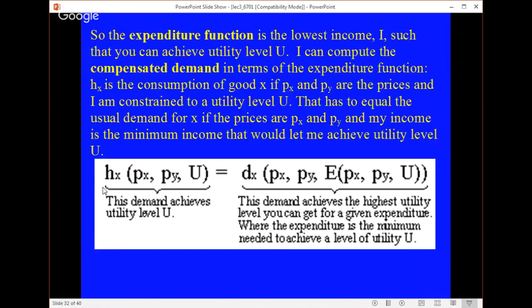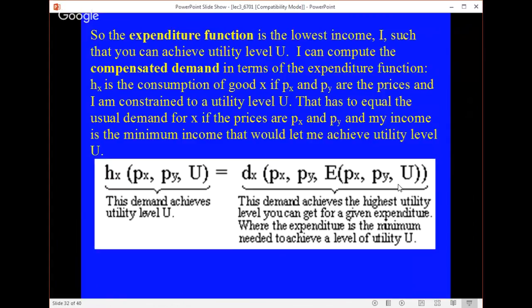So instead of having my Hicksian demand, that's h of x, PX, PY, and my utility level, I have PX, PY, and my expenditure function, which of course is a function of U. And like I said, it's okay because we assume that U is monotonic. So I can go from my direct utility function to my indirect utility function to my expenditure function.